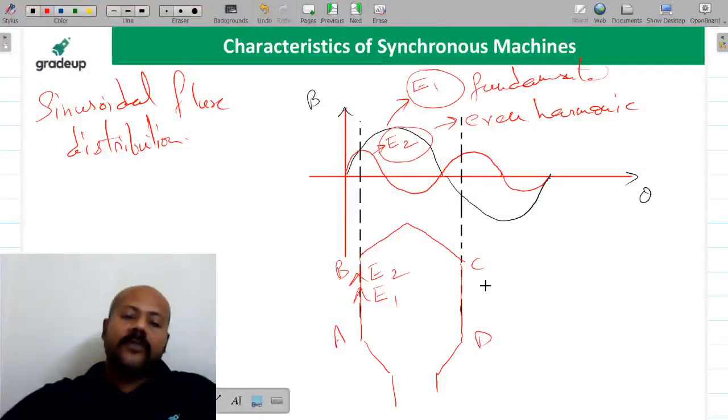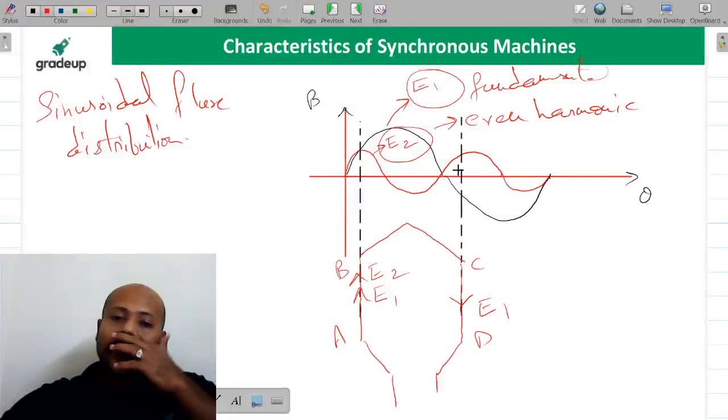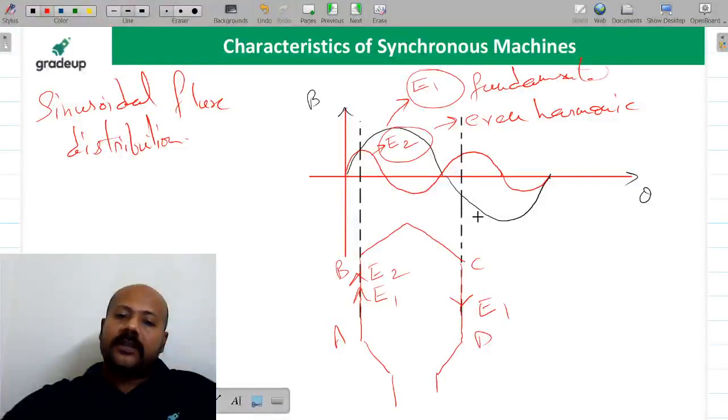But if you come to the coil side CD, what is going to happen? The E1 is going to be in this direction, so that E1 is going to be added with the AB section and CD section. But the second harmonic component has the opposite phase, so it is going to be in this direction.